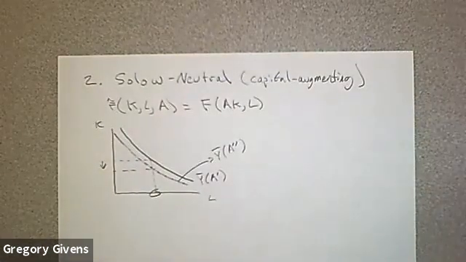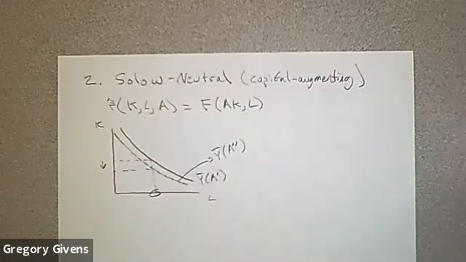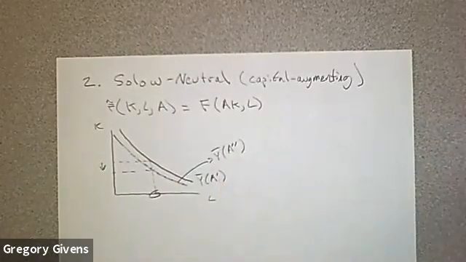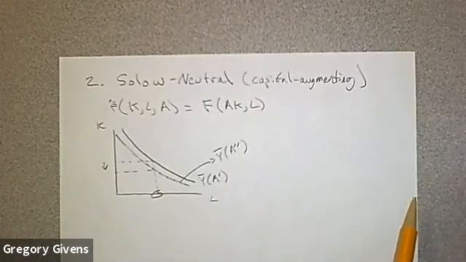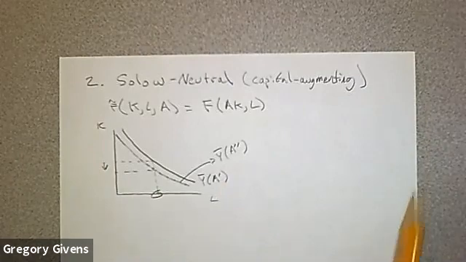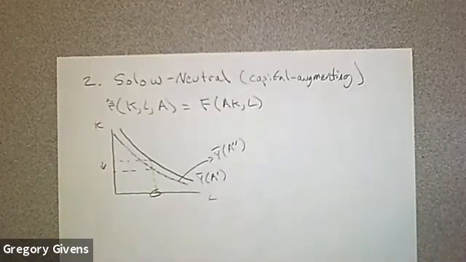We can produce the same amount of output using less capital, but it requires the same amount of labor as when technology was A prime. That's what Solow neutral or capital augmenting technology looks like. It doesn't affect labor directly, but rather it improves the efficiency with which you use the capital stock.